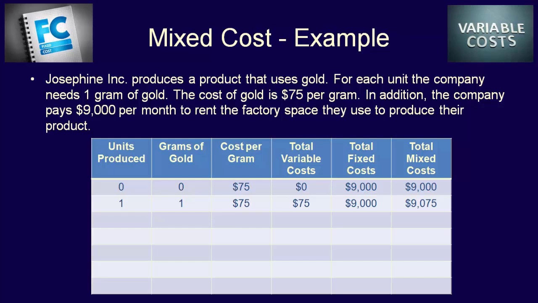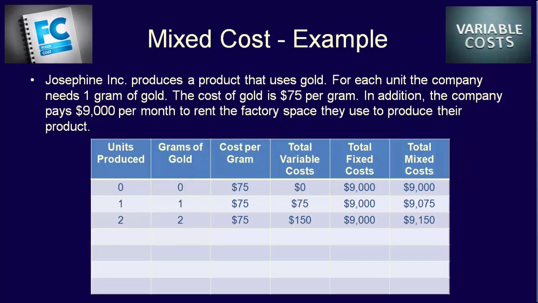Now let's produce 1 unit. Total mixed cost is equal to 1 unit multiplied by $75 plus $9,000, which is a total of $9,075. Let's produce 2 units. Total mixed cost is $75 per unit multiplied by 2 plus $9,000, which is $9,150.